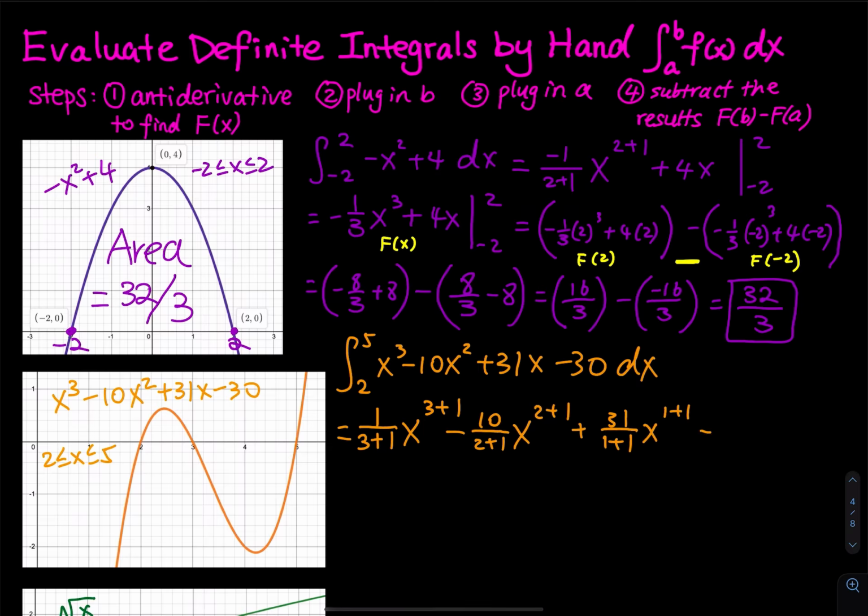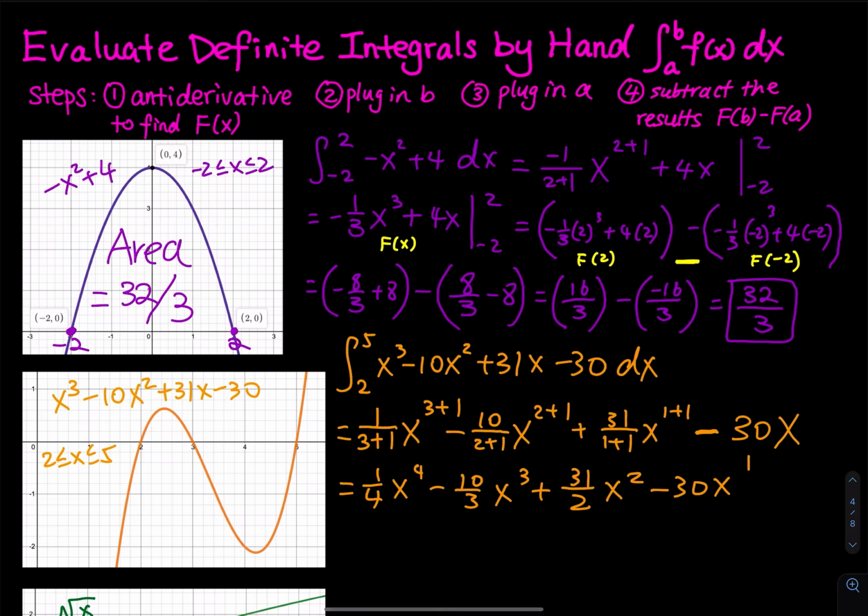And then the antiderivative of 30 is 30x, because the derivative of that gives you the 30. And then we have 1 over 4, x to the fourth, minus 10 over 3, x to the third, and then plus 31 over 2, x squared, and then minus 30x.